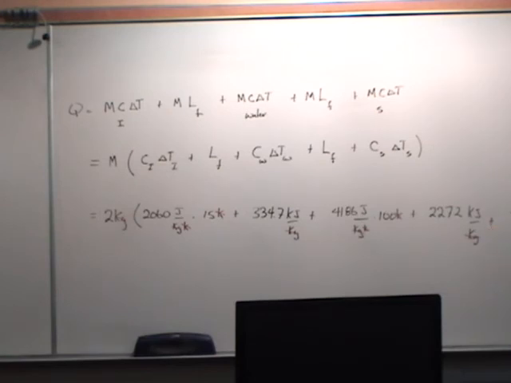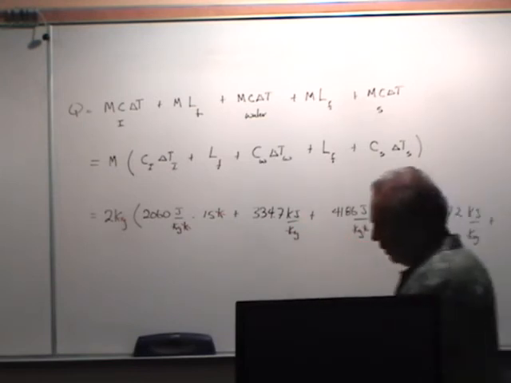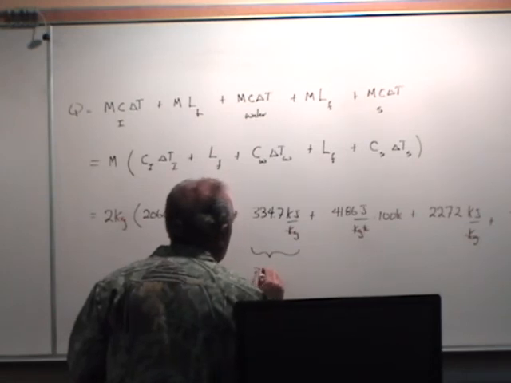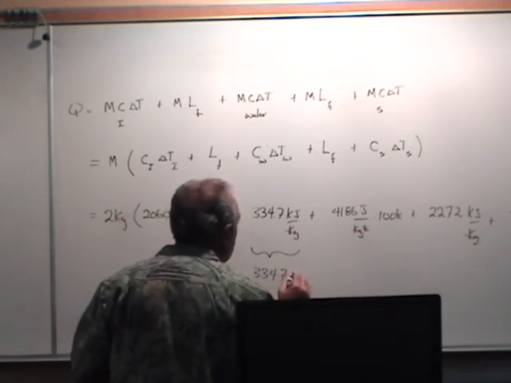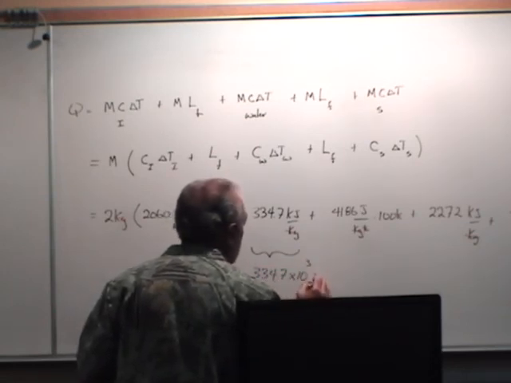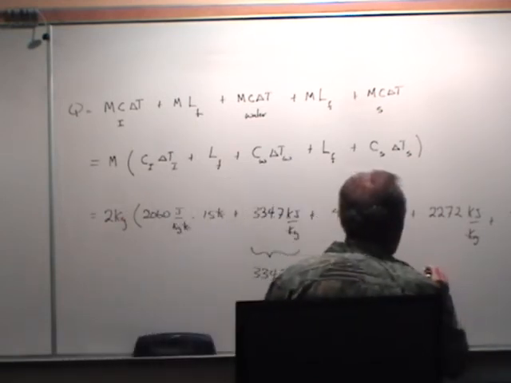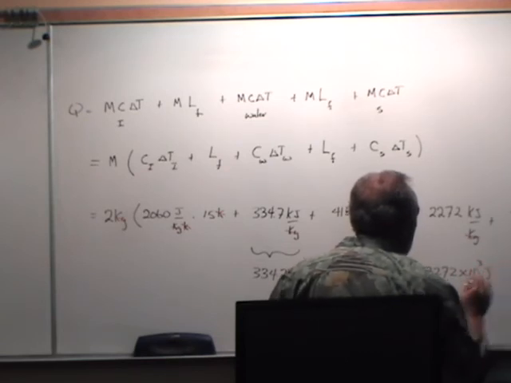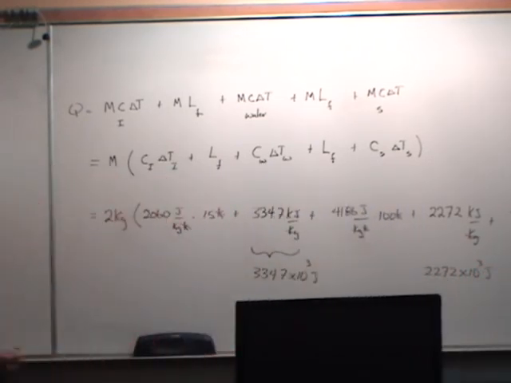So that's the only thing you have to be cautious of. This number has to be written as 334.7 times 10 to the third joules, and likewise 2272 times 10 to the third joules. And then we're really ready to calculate.